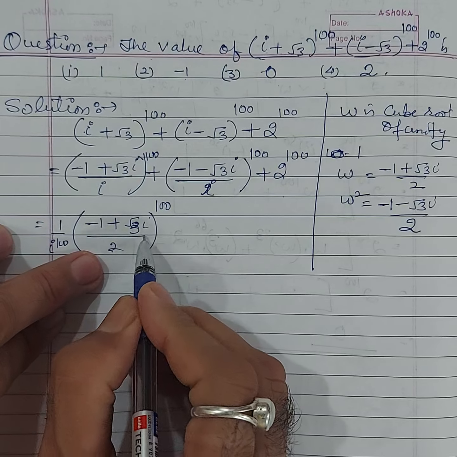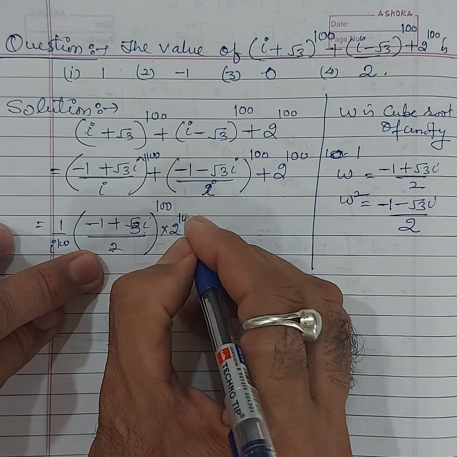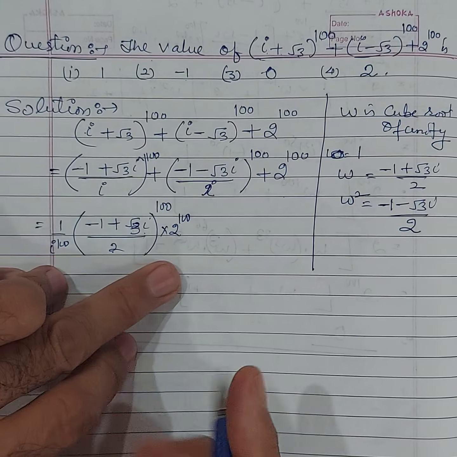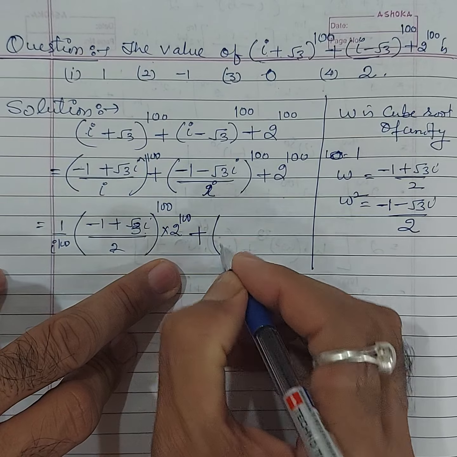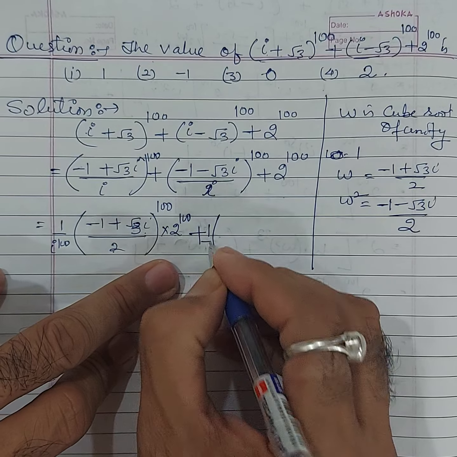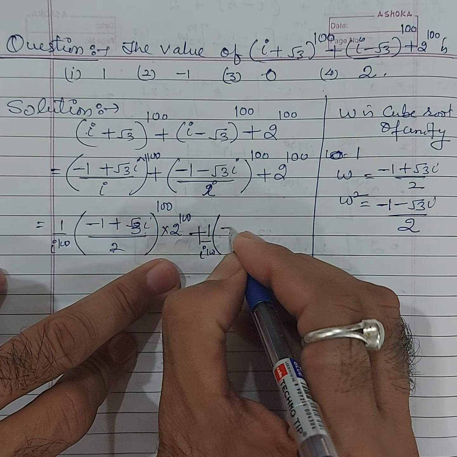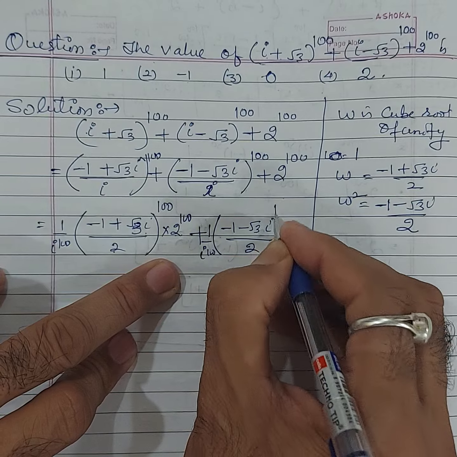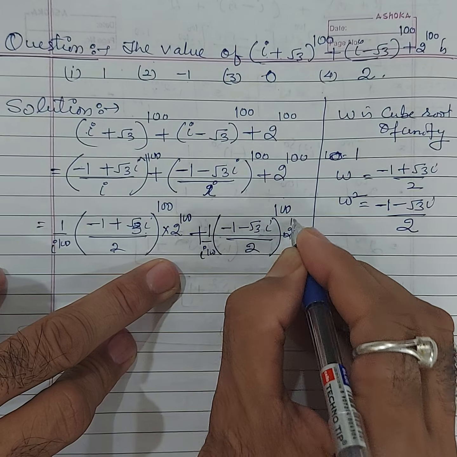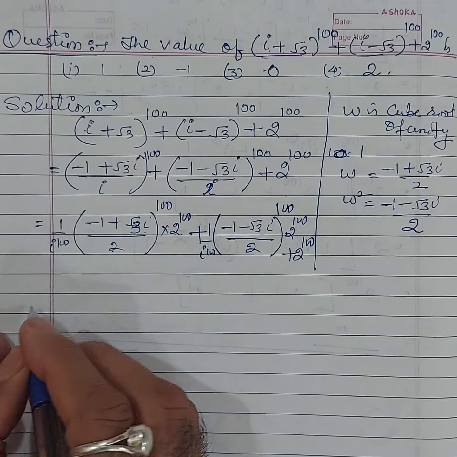When we divide this by 2 we have to multiply by 2, so when we take out 2 we get 2^100. Similarly, (1/i)^100 taken outside, and ((−1 − √3 i)/2)^100 into 2^100, plus 2^100.